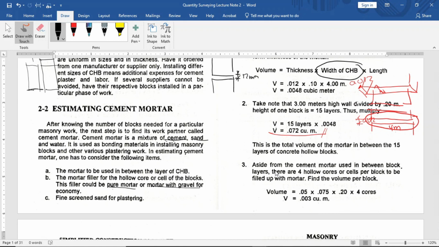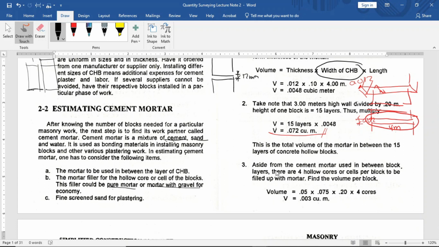So, aside from the cement mortar used in between block layers, there are 4 hollow cores or cells per block to be filled with mortar. Find the volume per block.